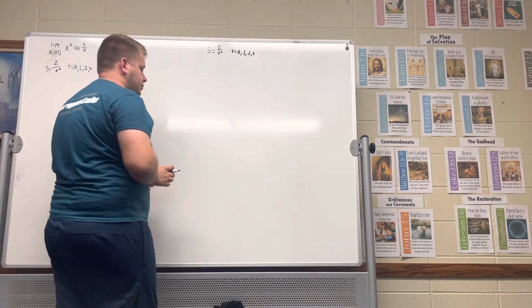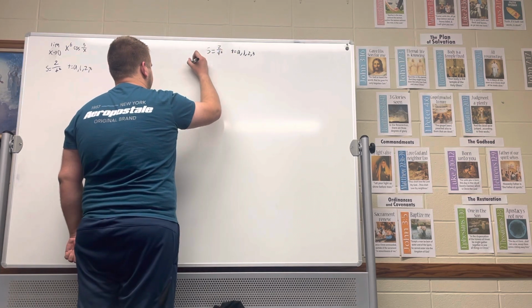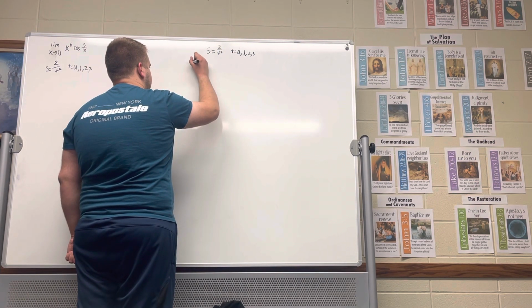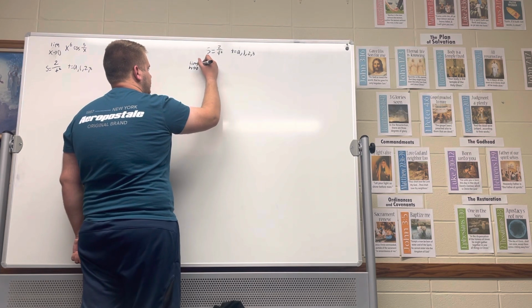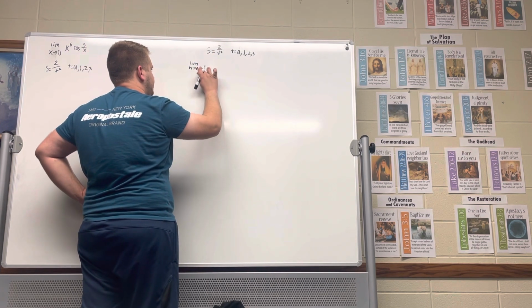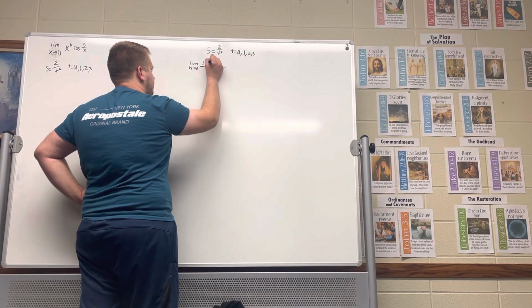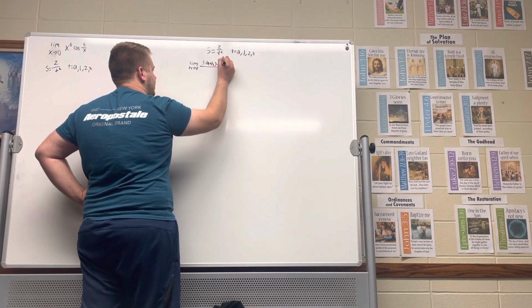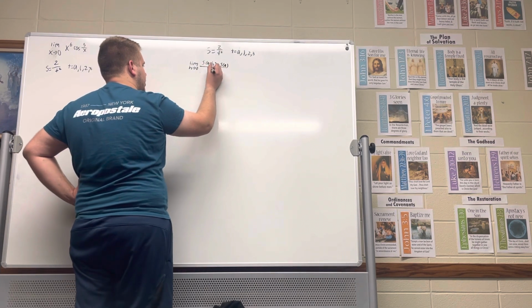In order to solve this, we can use the definition of derivatives. We can use this definition: the limit as h goes to 0 of s of a plus h minus s of a, over h.